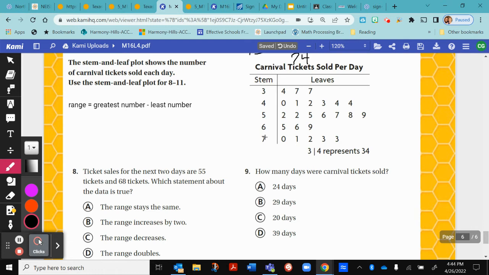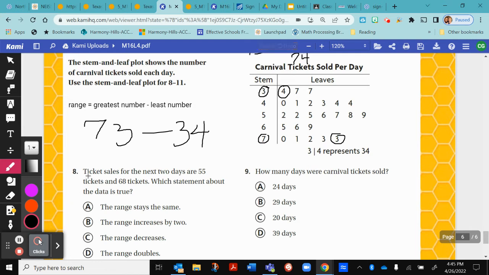I'm going to stem 7, and I'm going to the very last number because that's my greatest number. So 73 minus, going to my stem 3, and I'm going to the first one because that's my smallest number. So this would be my range to find the answer, right?